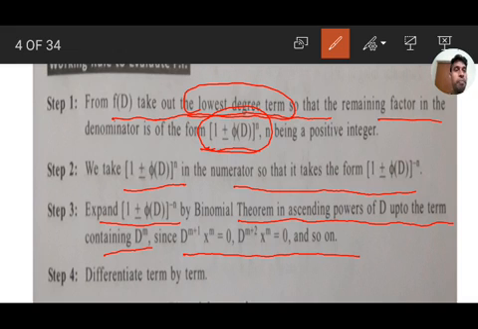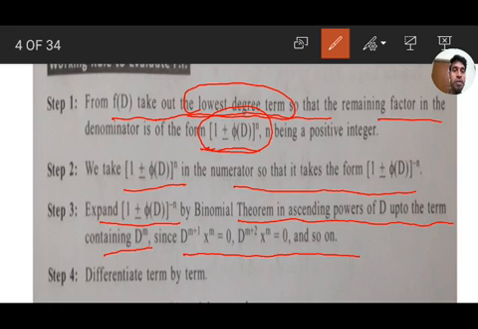Next, third step, expand 1 plus phi of D, whole to the power of minus n, by using binomial theorem. And here x to the power of m, so the m plus 1th derivative of x to the power of m, the m plus 2 derivative of x to the power of m, all the values are 0, so we have to take up to D to the power of m.